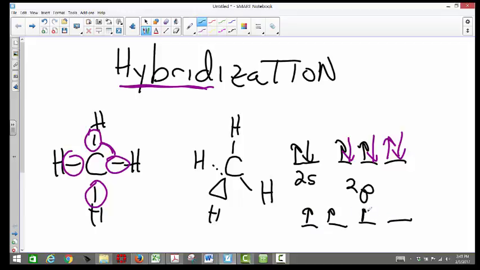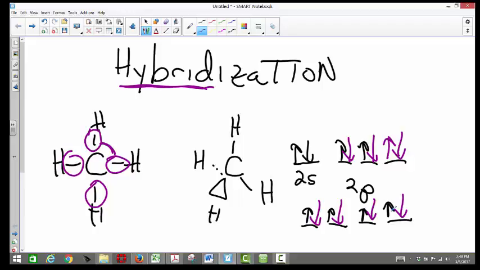What you'd really want for that is this: 4 identical orbitals, each one with one of the carbon electrons, and then the hydrogen electrons coming in like that, for the purple ones. Now that you would expect to be 4 identical bond lengths and 4 identical bond angles.